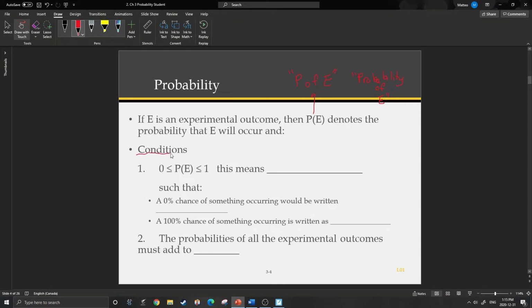So, the probability of E denotes the probability that E will occur, and a couple conditions here for any experiment. The probability of E occurring always needs to be between 0 and 1.